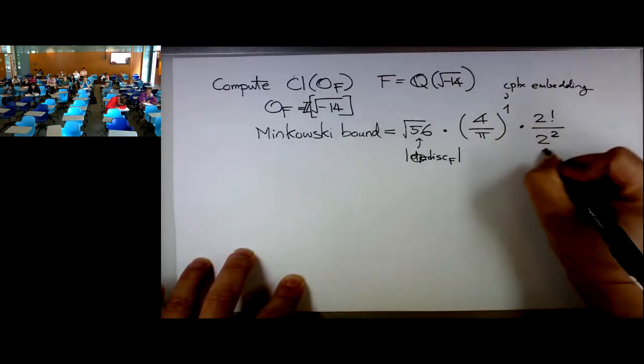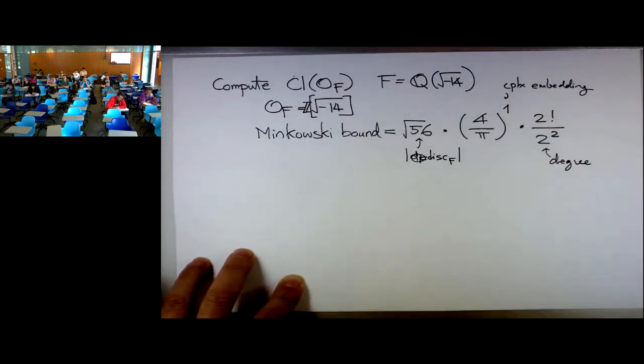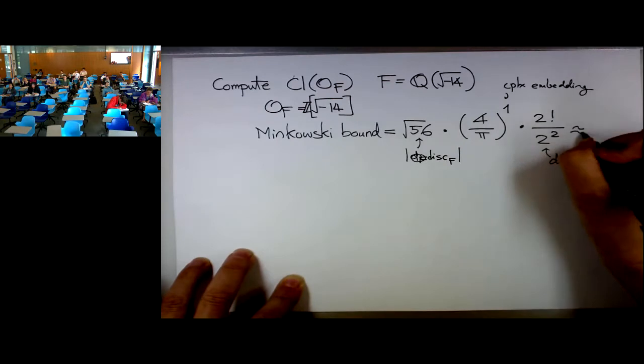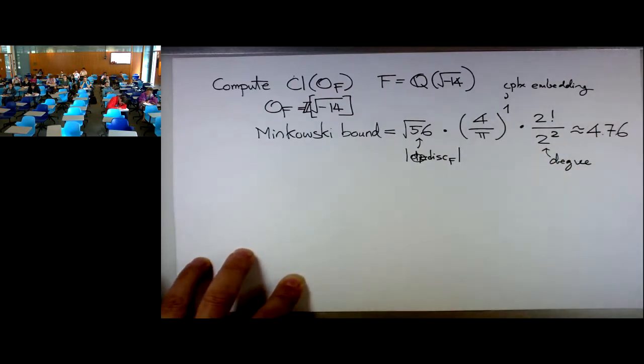So these three 2's are degrees. You punch into the calculator, you get around 4 times 7, 6.